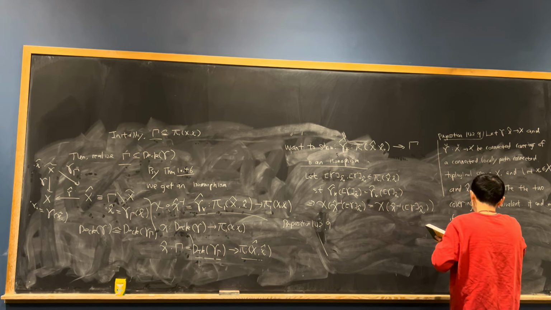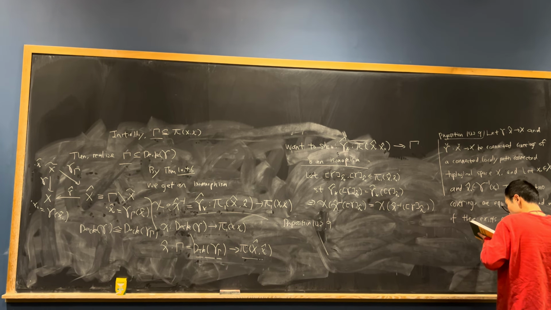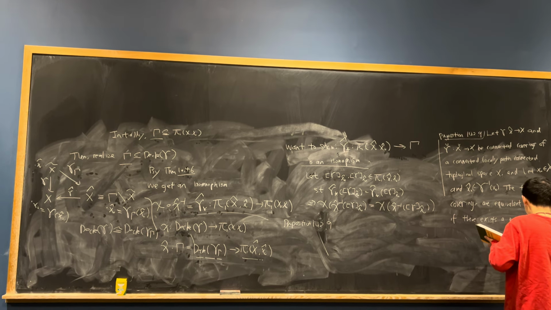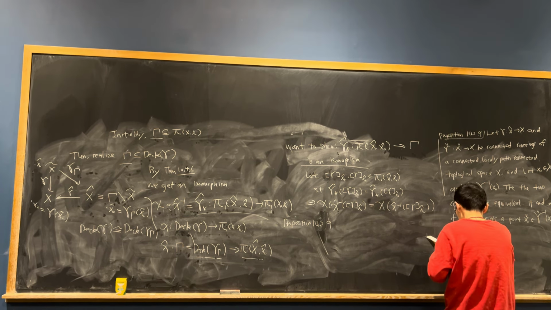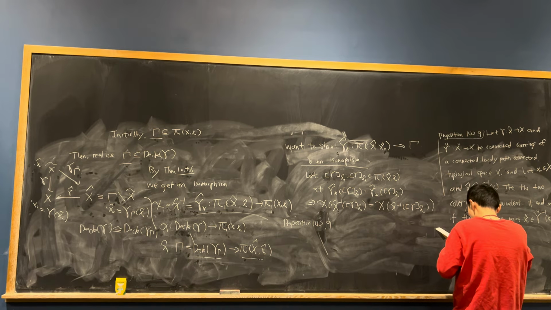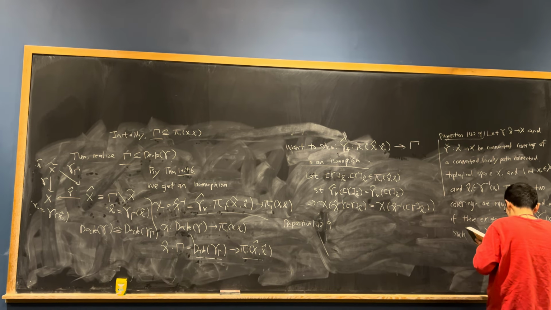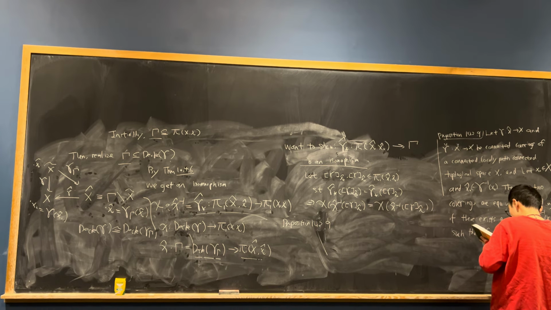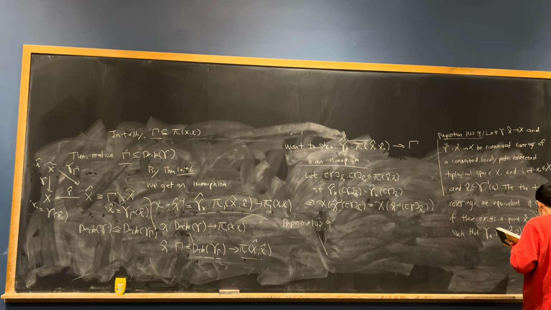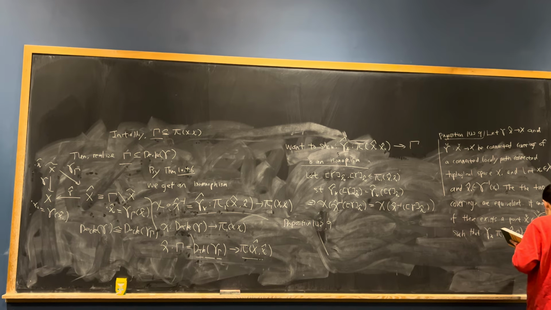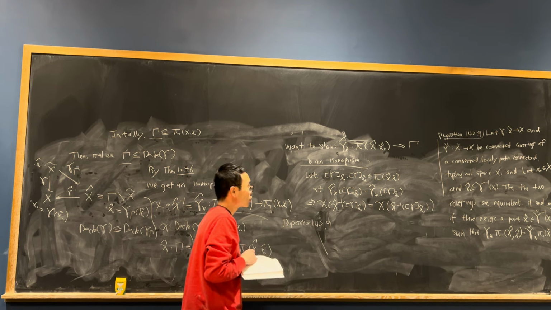there exists a point x naught check in gamma check inverse of x naught such that gamma push forward of pi 1 of X hat at x naught hat is equal to gamma check push forward of pi 1 of X check at x naught check.